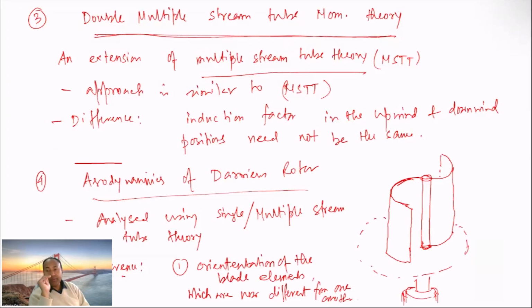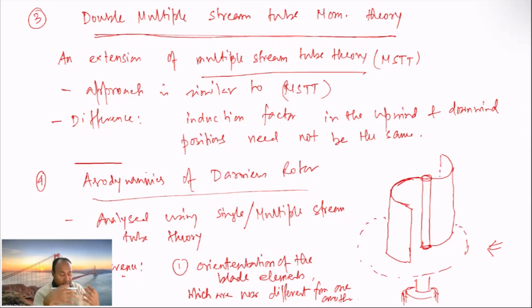In the previous single stream tube theory or multiple stream tube theory that we discussed, we assumed a single blade or a simple configuration, but realistically the Darrieus turbine would look like this. So the analysis would be slightly different from what we have done, and you have to incorporate some changes.